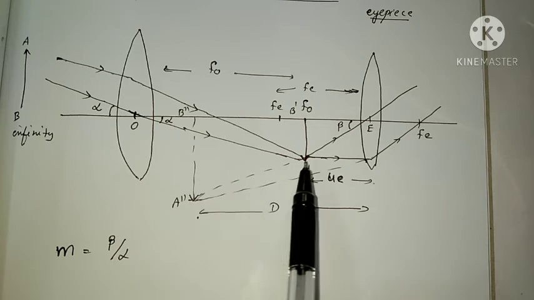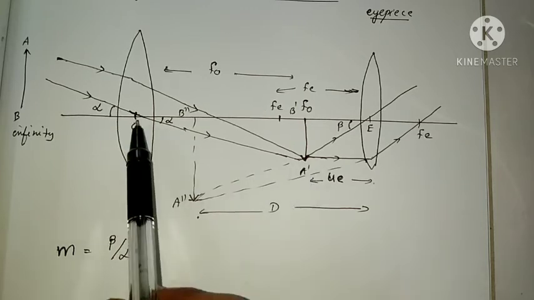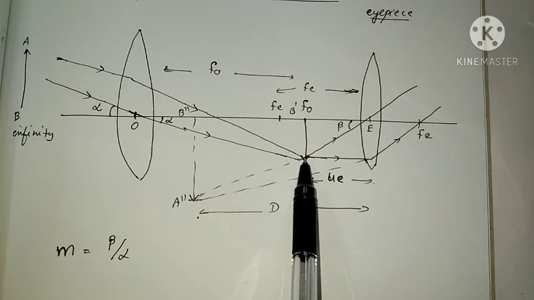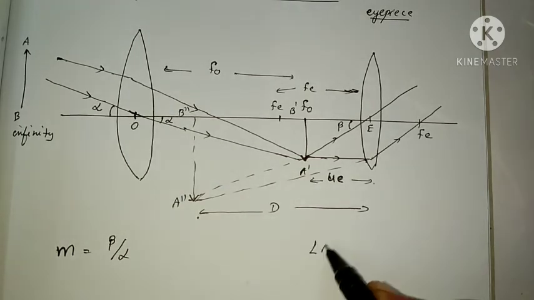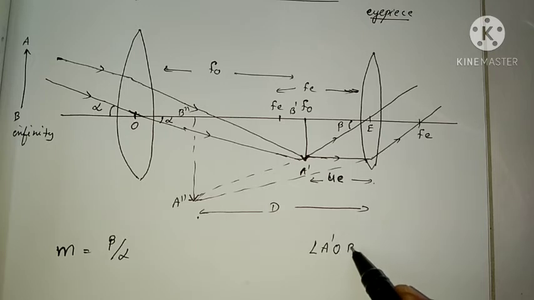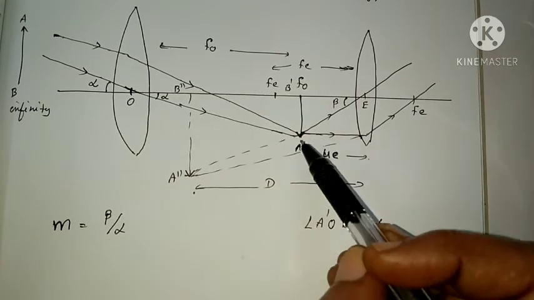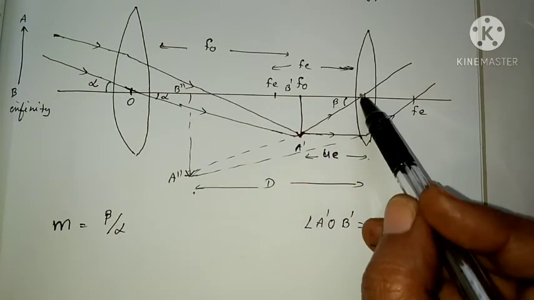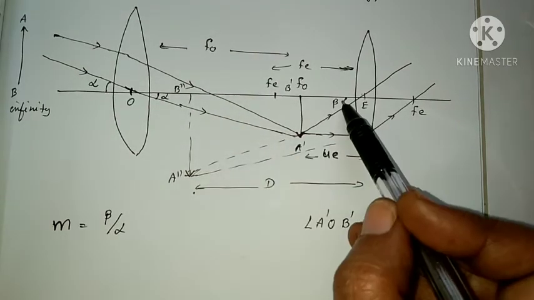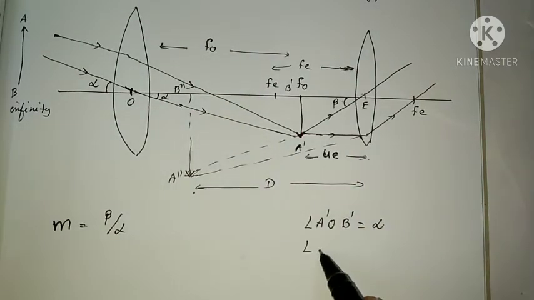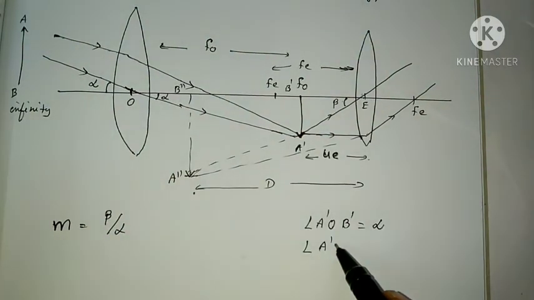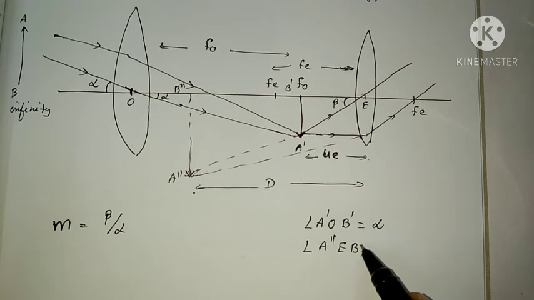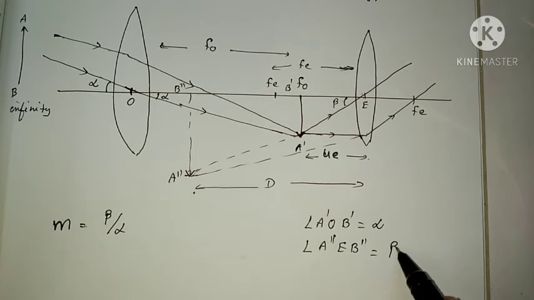From the figure, we can note that the angle A dash O B dash is equal to alpha. Then the angle A double dash E B double dash is equal to beta.